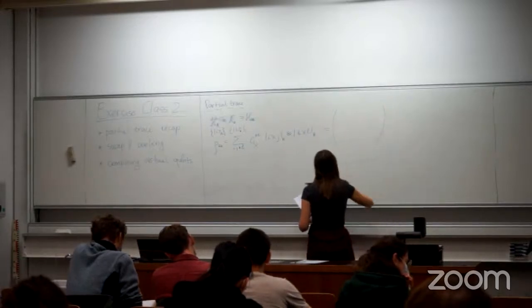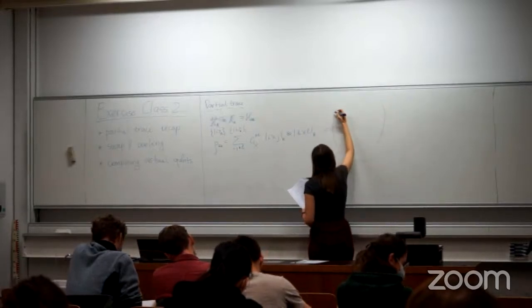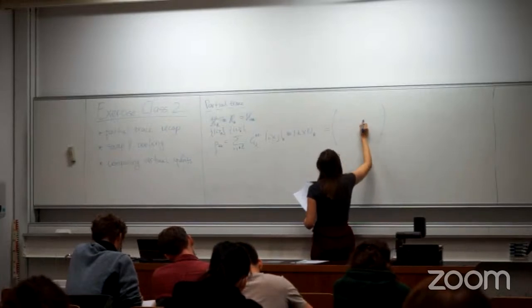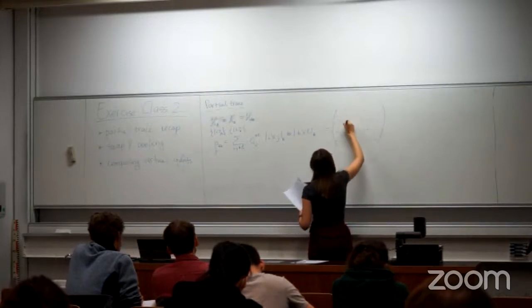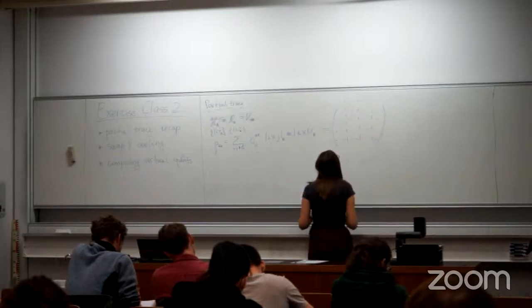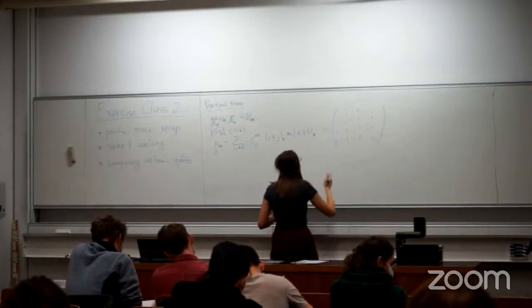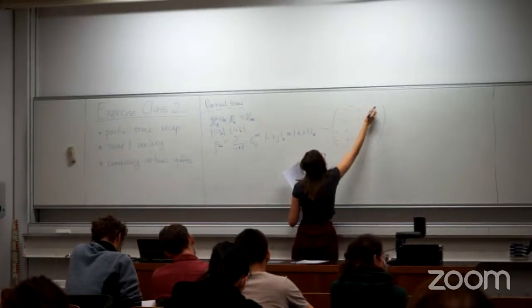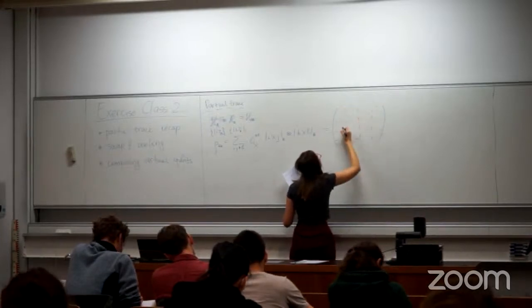So in the general case, here we have the rows, right? And we have the columns. And basically, yeah, here it's a 4x4 matrix.